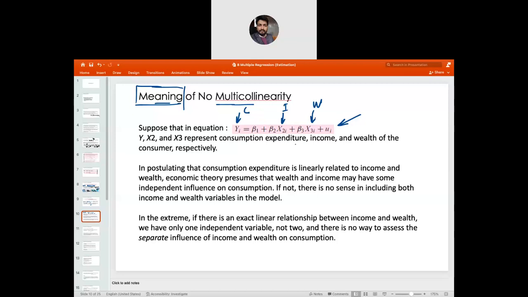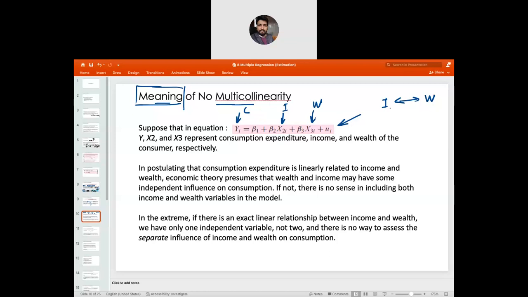But we also know that there is some interdependence between income and wealth, right? So what does this mean?